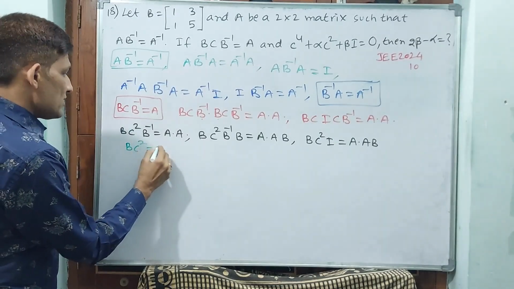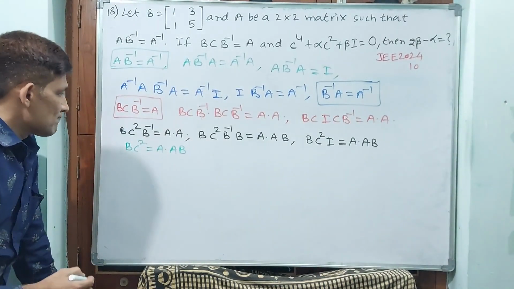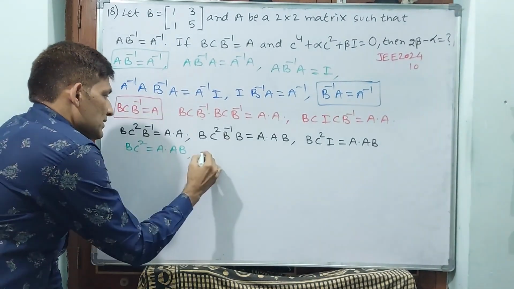B C square is equal to A B. Now I am applying B inverse again.